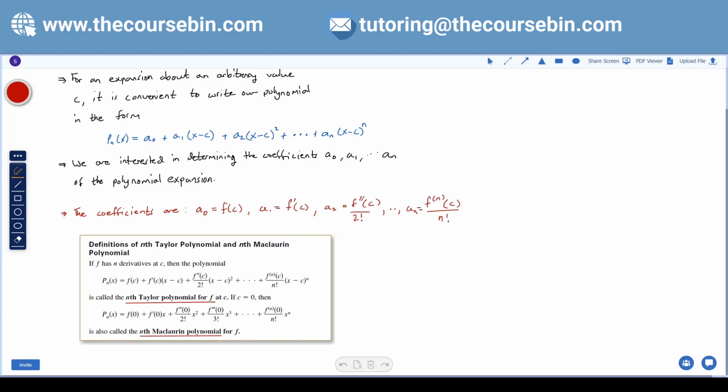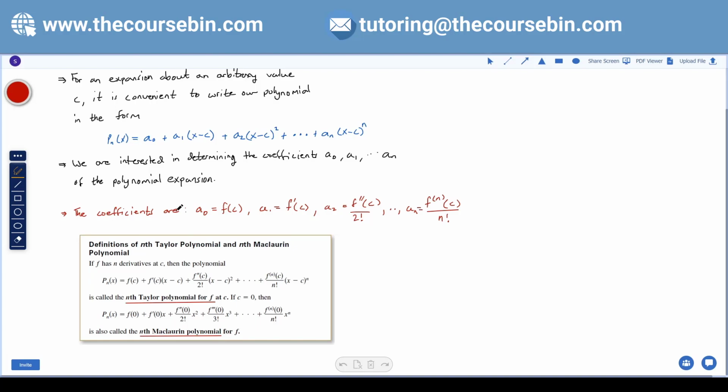Now we're talking about an nth degree polynomial expansion, right? So for any degree you want, any nth degree that you'd like. In order to make this expansion work and approximate properly, we ended up having to take derivatives, right?